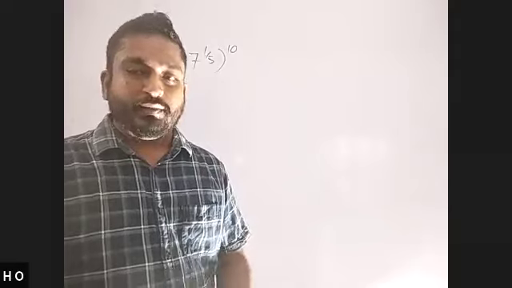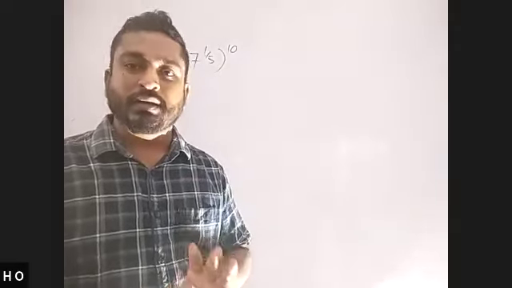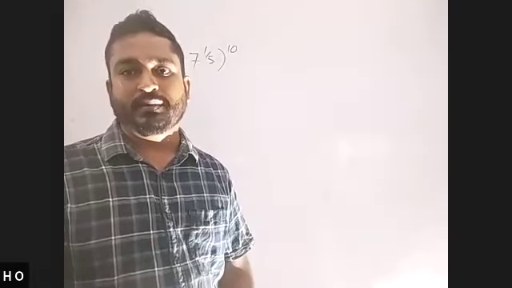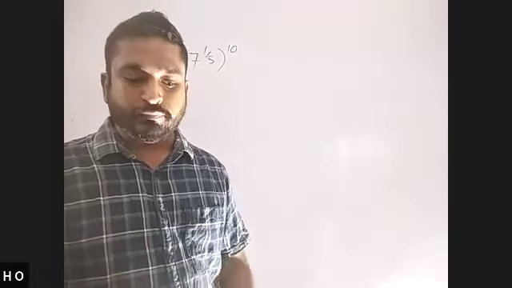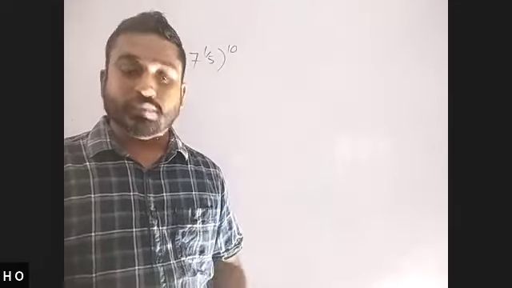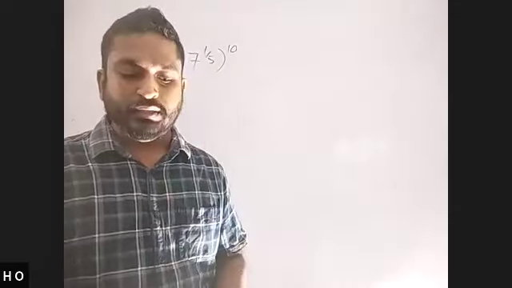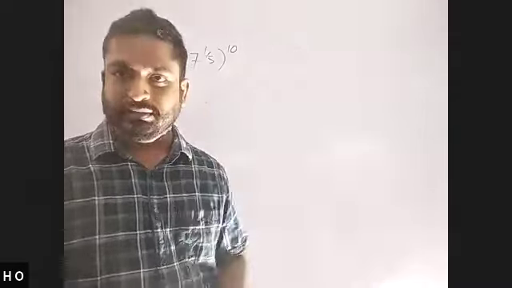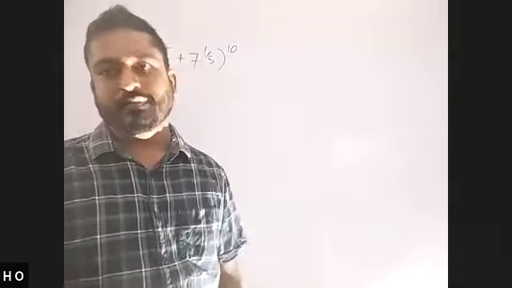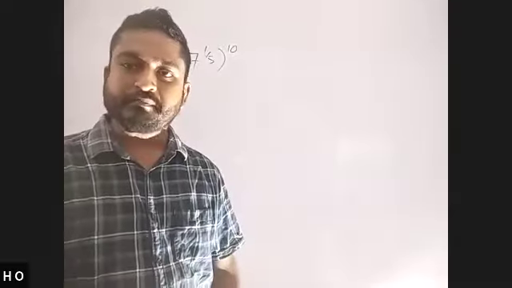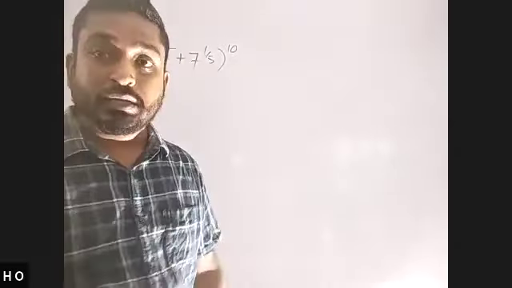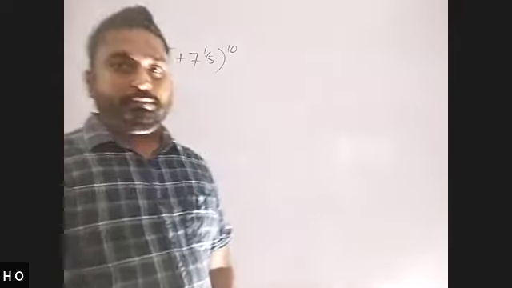Obviously root 2 is a square root which is not rational. 7 to the power 1 by 5 is the fifth root of 7, so it is also not rational.